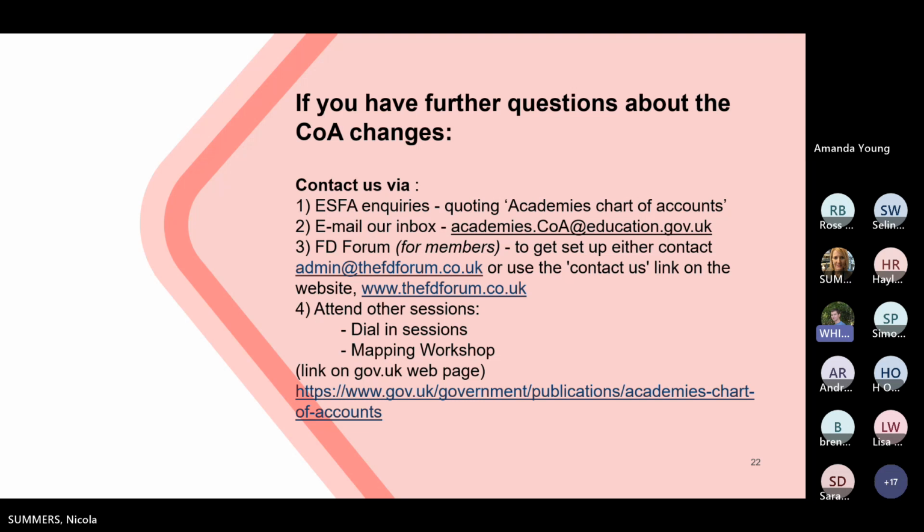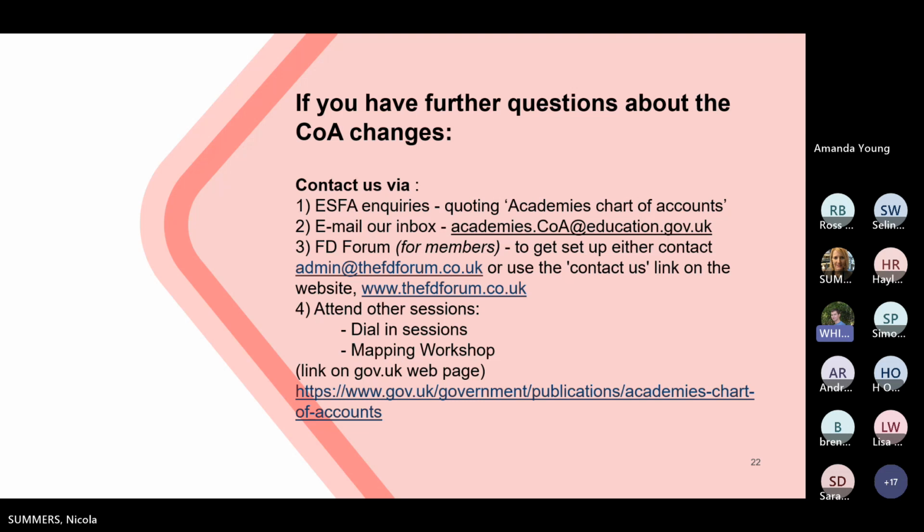Or if you're part of the FD forum, we monitor the Academy's chart of accounts area there. We find that a very useful way for trusts to get in contact with us, and often trusts answer each other's questions on there. And we are running further sessions. We're aware that we need to put out some more dates, so we will be doing that shortly.